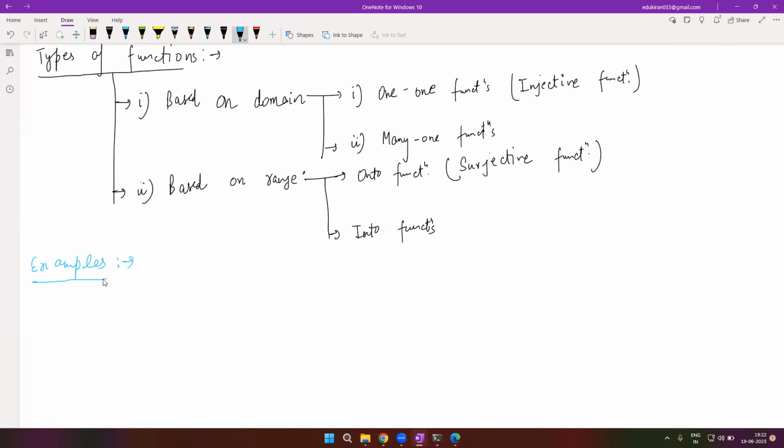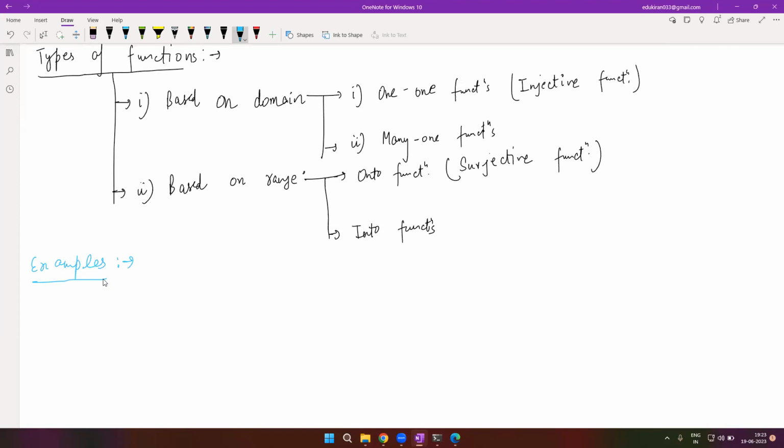So based on domain, your function will be either one-one or many-one. And it will have one type based on range. So there are four pairs in which your function can be categorized: one-one and onto, one-one and into, many-one onto, and many-one into.